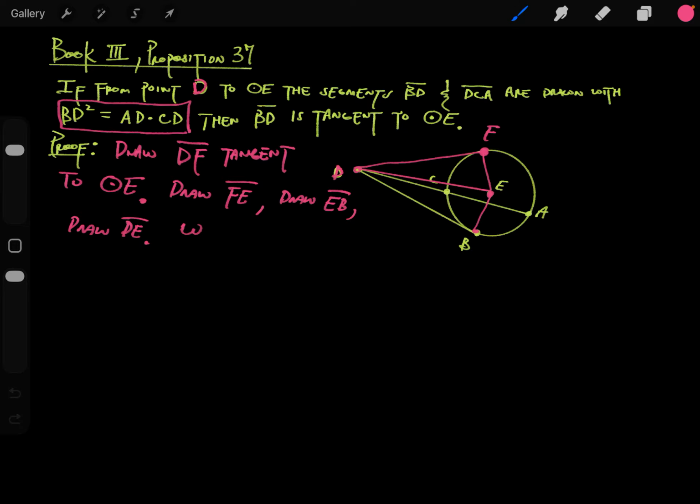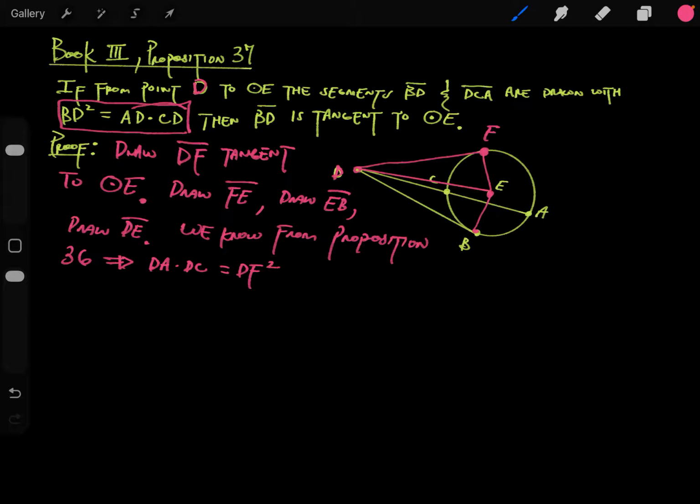We know from Proposition 36, we know that DA times DC, or AD times CD, is equal to the square on DF.